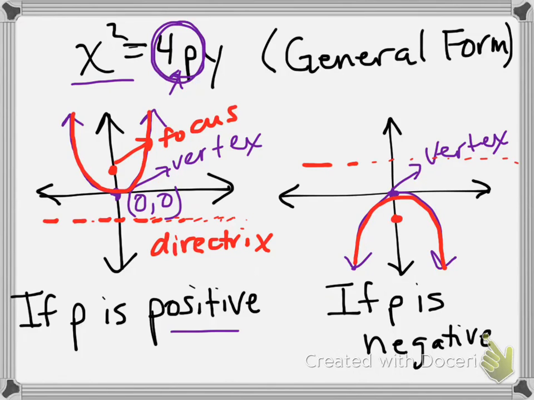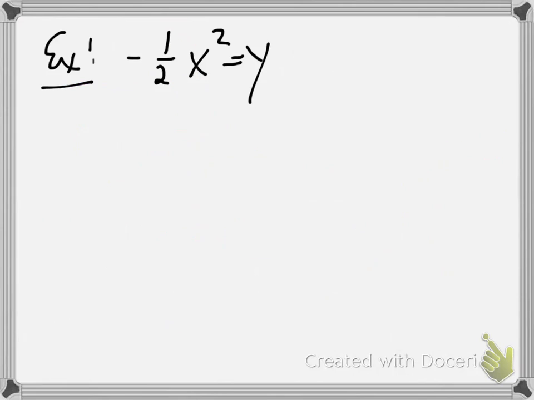Now the focus, once we find it and graph with it, is going to tell us how far to graph some points. So from the focus to the edge across here, we're going to go 2p in each direction. I'm giving you a lot of information, but it's easier to see from an example. So let's try one of those.